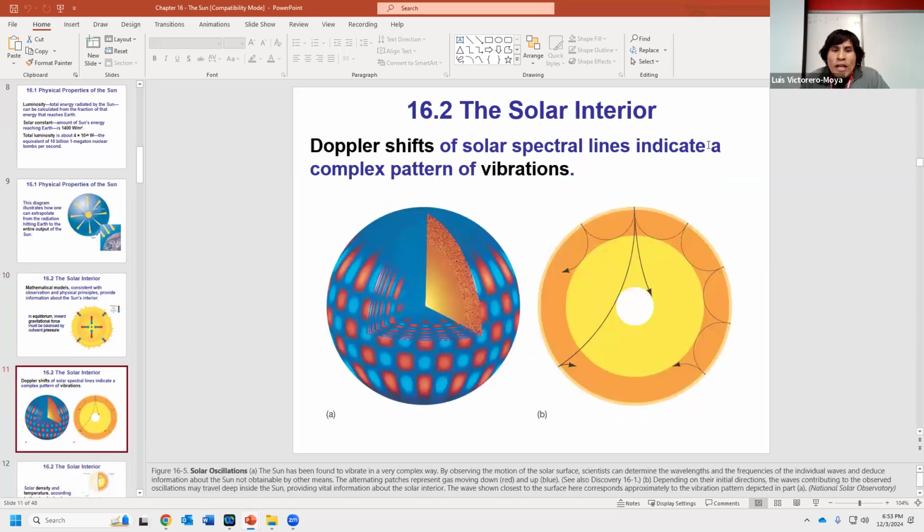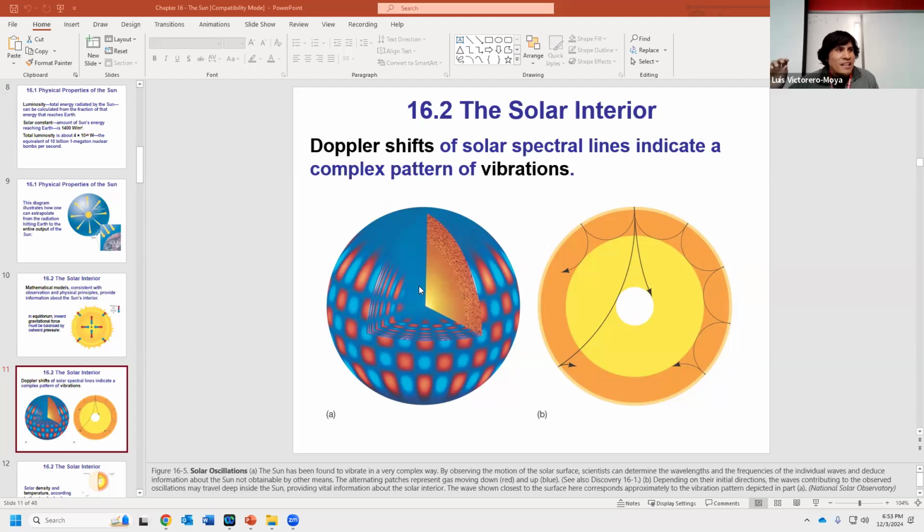Now, we can see solar spectral lines as we see solar vibrations. You see, there is something called solar seismology or helioseismology, where we analyze how the spectral lines of the sun change by vibrations happening in the interior.